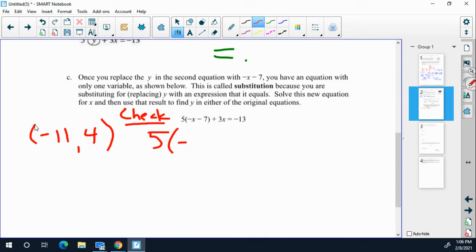So I put for X, again, you guys said, this is the issue. You need to put that -11 in parentheses, because that negative is in front of the X. -7, parentheses, plus 3, parentheses, which means times 11, equals -13.